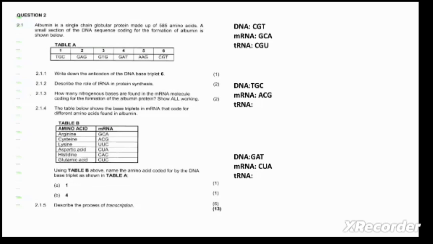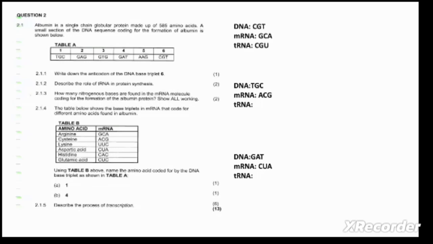So we have 585 amino acids. We're going to say 585 multiplied by 3, because each amino acid is coded for by 3 nitrogenous bases. So the answer is going to be 1755.